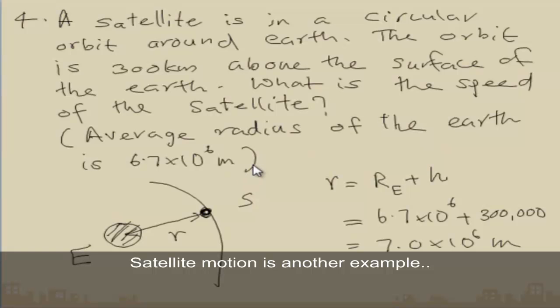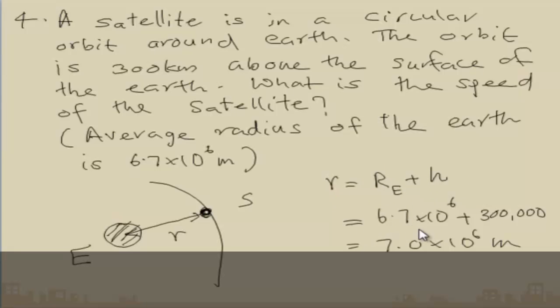So that's the radius. What we need here is actually the distance between the center of mass of the Earth and the center of mass of the satellite, which is not the radius of the Earth, but is the radius of the Earth plus the height of the satellite from the surface of the Earth. So the total distance r is the radius of the Earth plus the height.